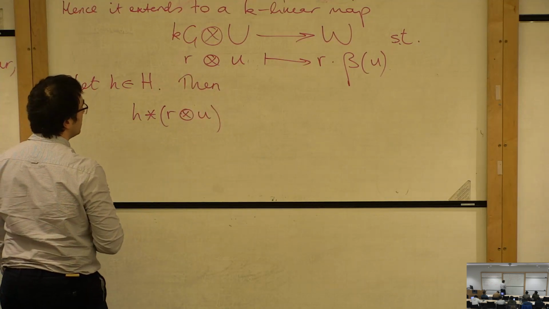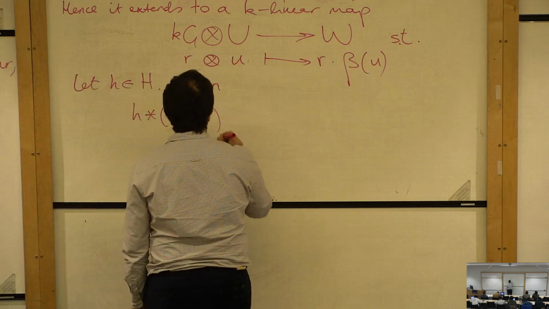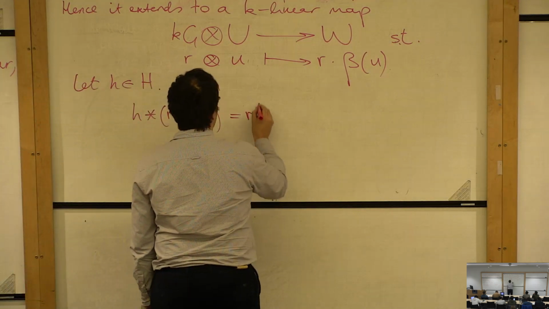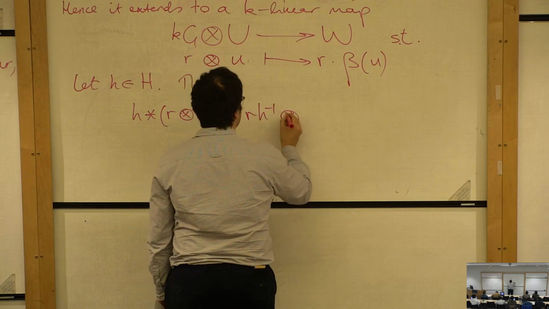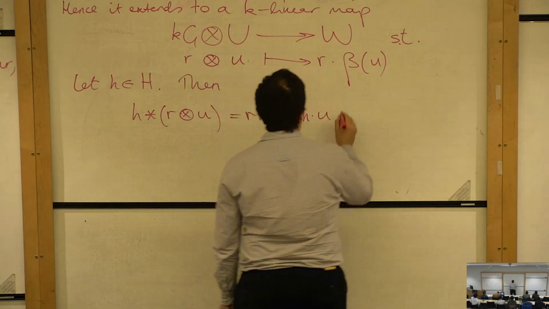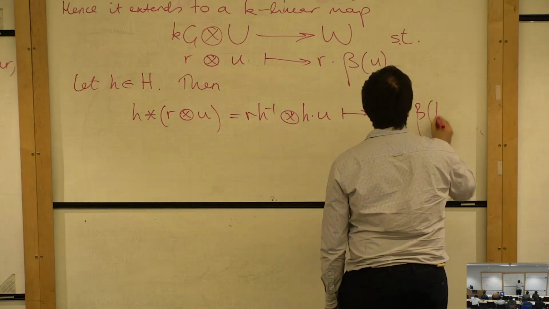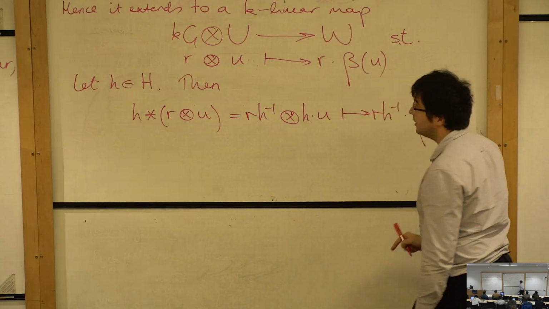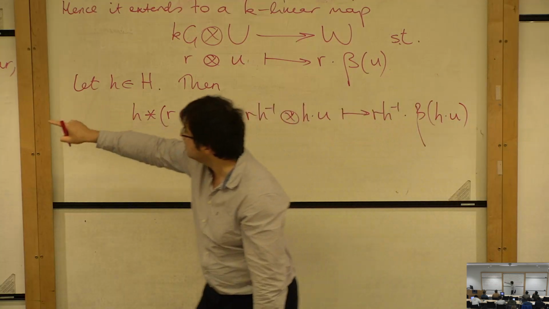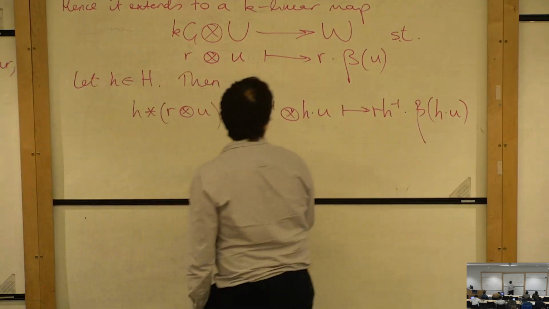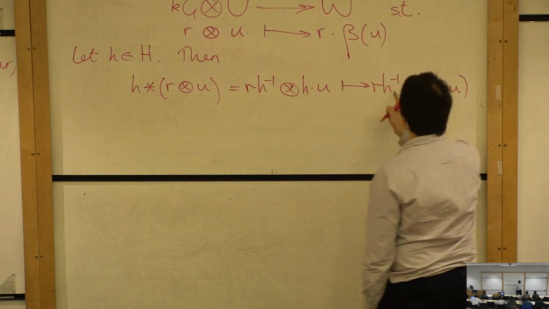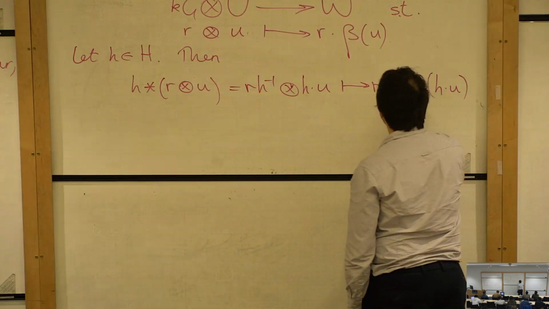Okay? So what is this? Well, by definition, this is RH inverse tensor H dot U, and this goes to RH inverse dot beta of H dot U, but beta was H-linear, and so the H pops out and cancels the H inverse.